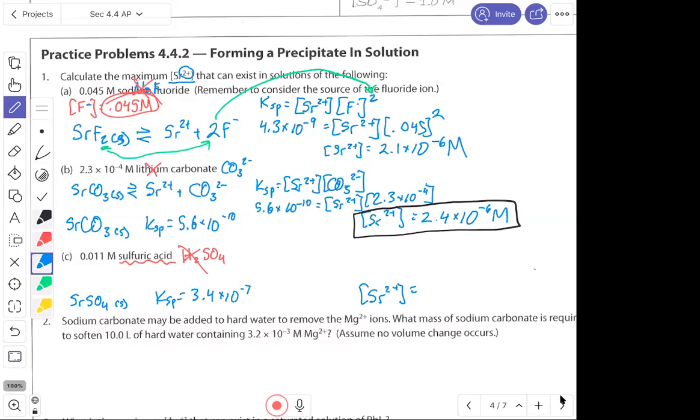So what I got, that's number 2, and the next one.